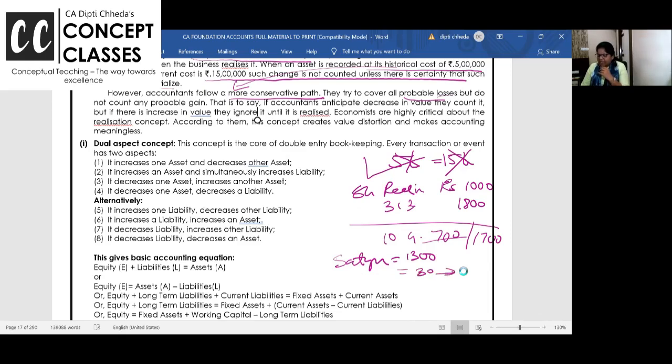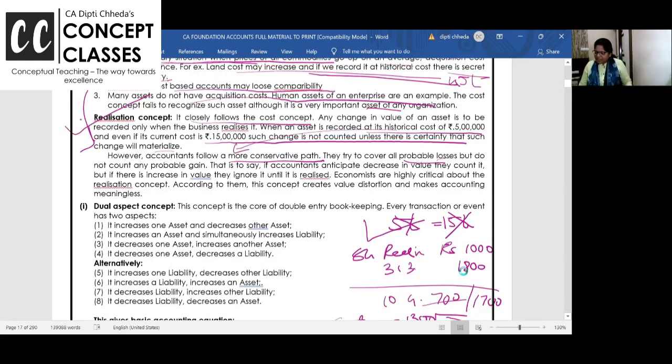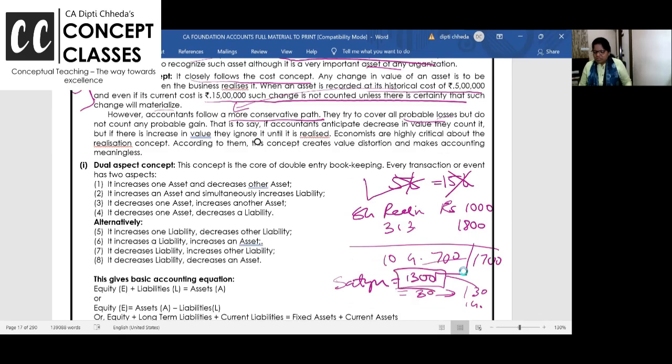Now we know that then Tech Mahindra took over the Satyam company. So the share may be 130, 140, but it's never going to reach 1300 because that company was a fraud and it is closed. So you can say, Dipti ma'am has said, no, record at historical cost. But sometimes you need to bring it to the market value if there is a permanent decline.